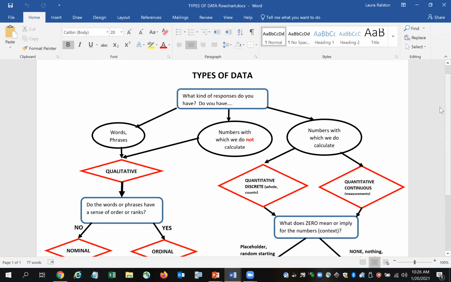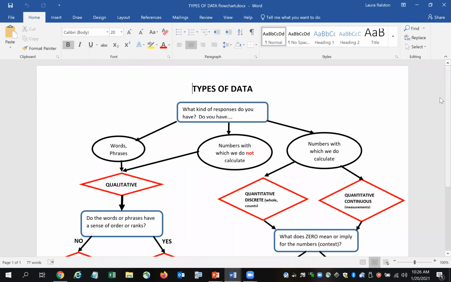If we did the colors of the backpack, again, thinking about what kind of responses I would get, if I were looking for colors, it might be things like red, blue, black, multicolored. Okay, so I'm getting words or phrases, which means I have qualitative data.